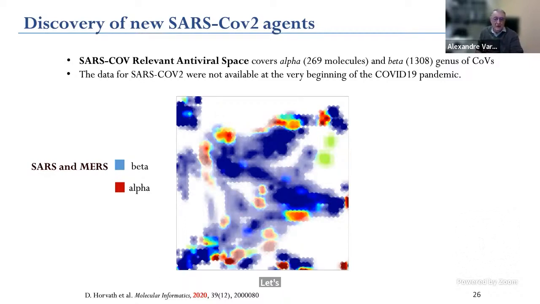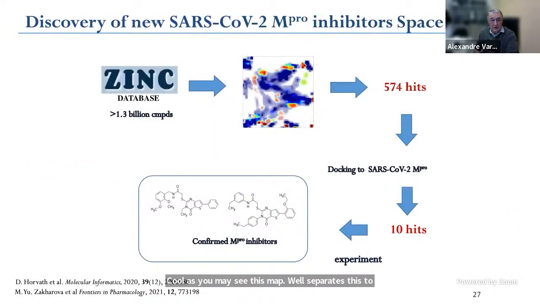And we built a so-called SARS-CoV relevant antiviral space for different genera, here alpha and beta coronaviruses, and of particular interest is the beta genus, which corresponds to SARS and MERS viruses. So, as you may see, this map well separates these two genera. So we used this map to screen more than 1 billion molecules from the ZINC database.